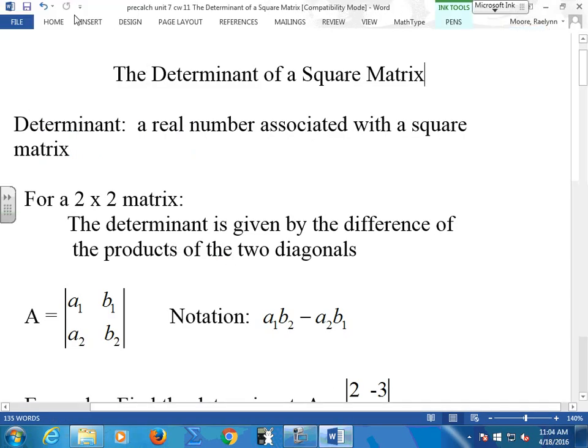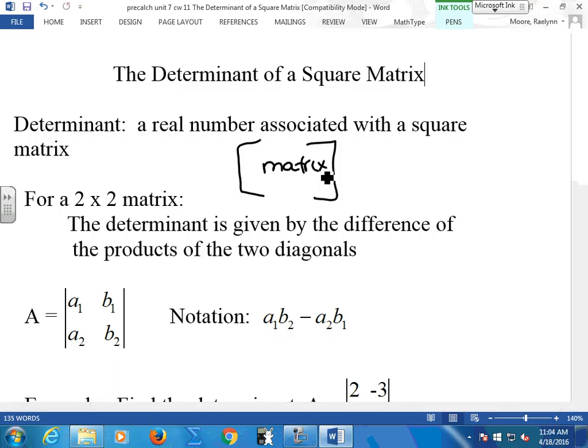So if you're doing a matrix, it looks like this. And we put your numbers in here. When we do a determinant, we use straight bars, like this. These bars tell me I want the determinant of my matrix.